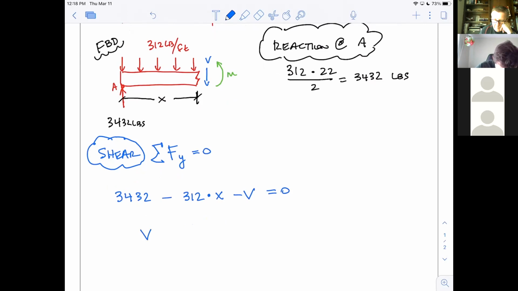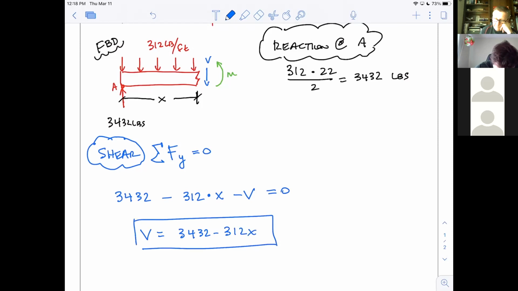You're done. V equals 3,432 minus 312x. Bam. Shear equation.